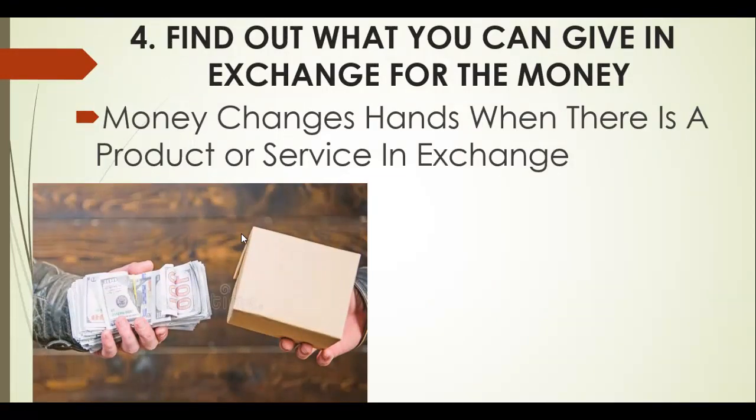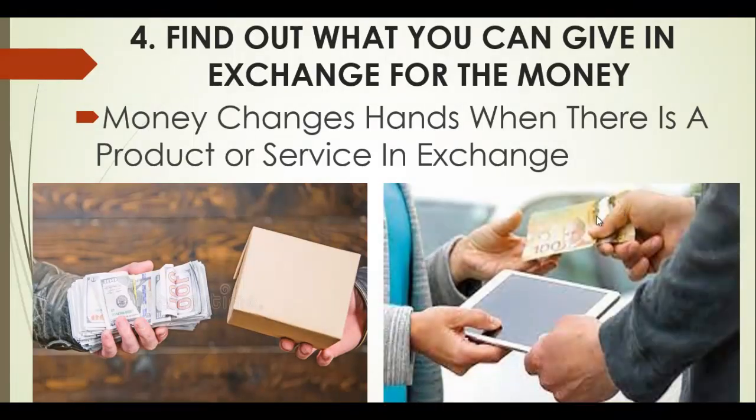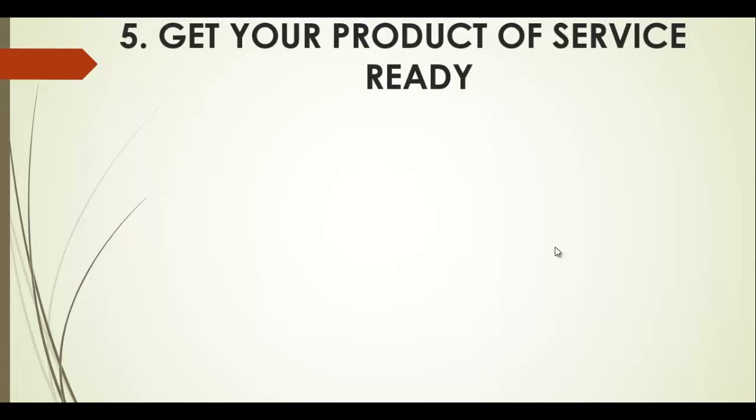So you can see the money changing hands with a product. So that is what we mean. If there is a product, there is a service, definitely money will change hands. Number 5 step in the 7-step blueprint is get your product or service ready.